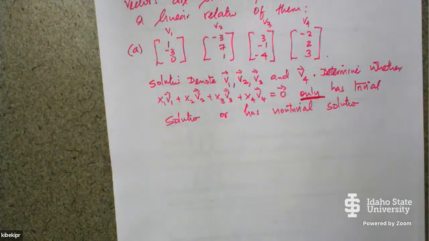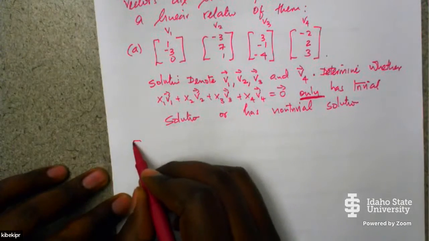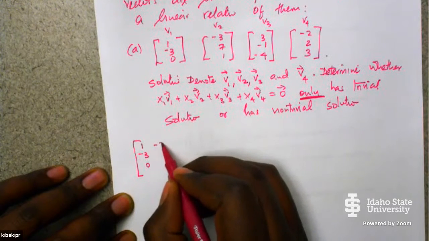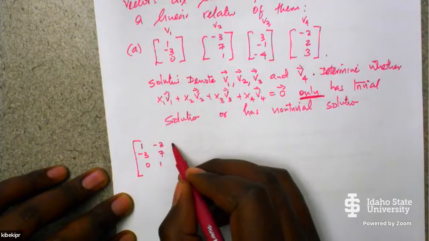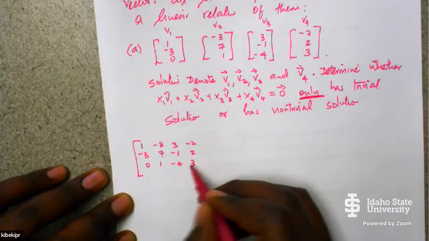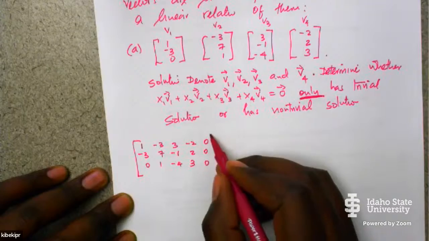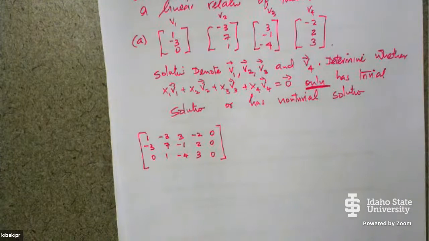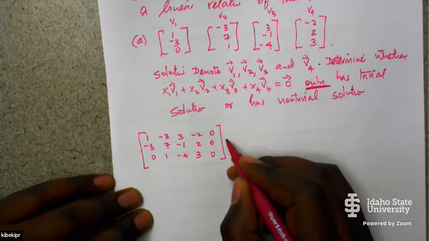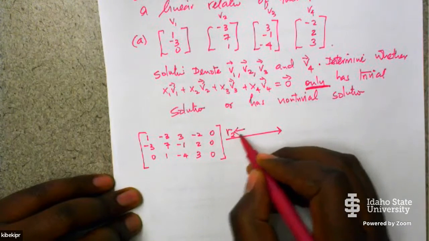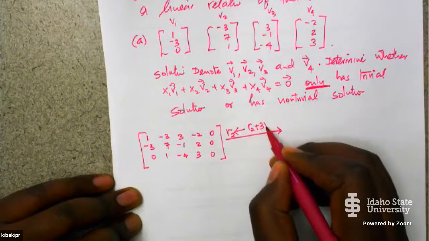So we need to write this in augmented matrix form: 1, -3, 0; -3, 7, 1; 3, -1, -4; -2, 2, 3; and then 0, 0, 0. Then we reduce. The new R2 will be R2 plus 3 R1.